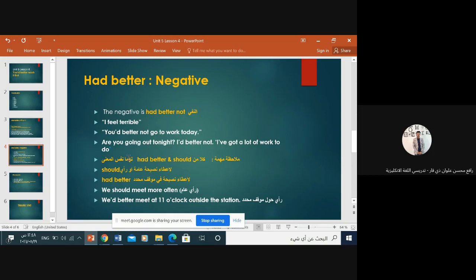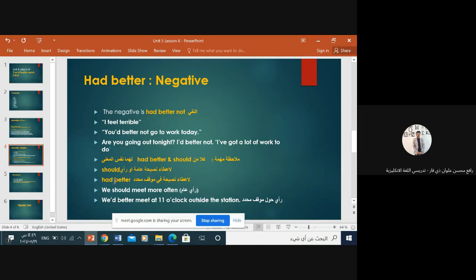ملاحظة مهمة جدا: should and had better have the same meaning، اثنيناتهم يحملن نفس المعنى. Both of them are used to give advice، لإعطاء النصيحة. الفرق بيناتهم: should تعطي نصيحة عامة أو رأي عام، بينما had better لا، specific advice. This is the difference between them.